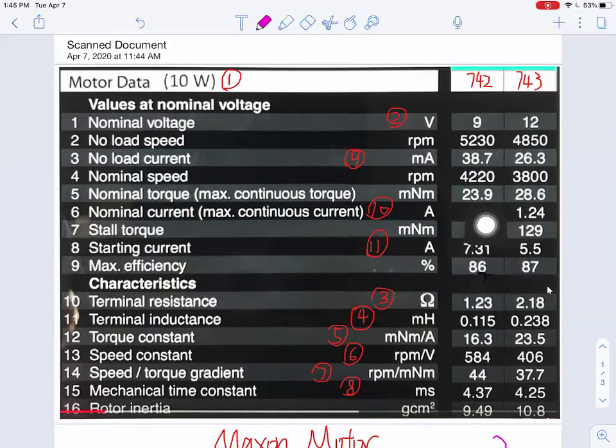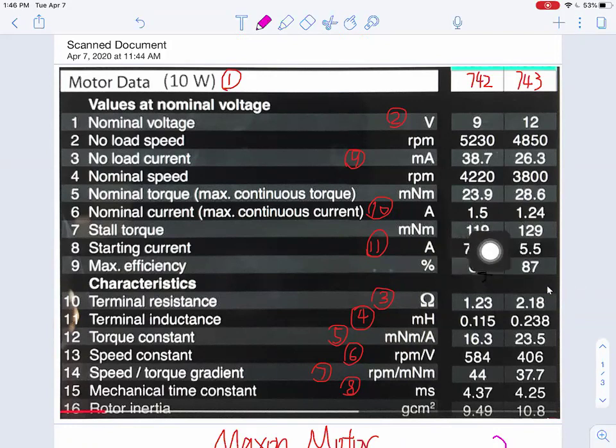Why so? That tells you that at the beginning, when you run the motor from 0 RPM to a certain speed, a large current is needed, and that current can be much larger than the nominal current.